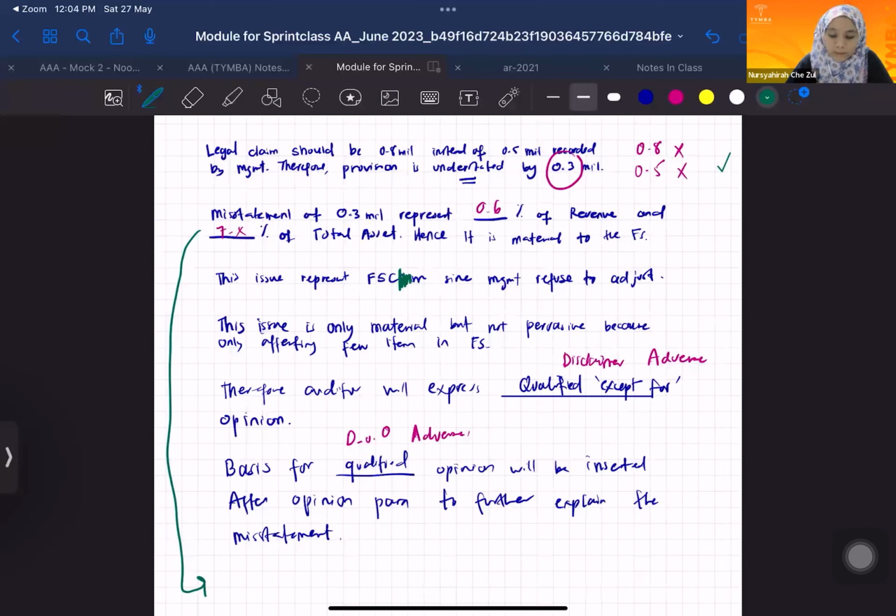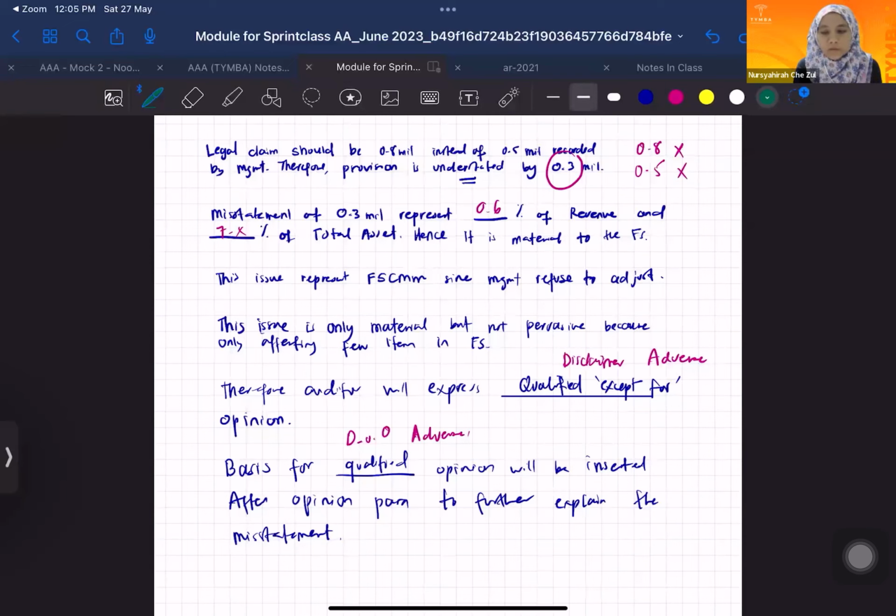But is it material? Not material. I don't think it is reasonable for the examiner to test you on an audit report with immaterial issues. In subsequent event questions, yes, some of the misstatements are actually immaterial. We will look at that this afternoon. For audit report questions, it is usually material. If it is not material, what is there to say?